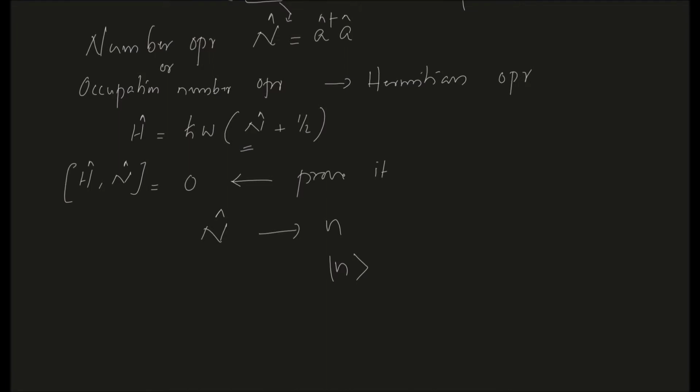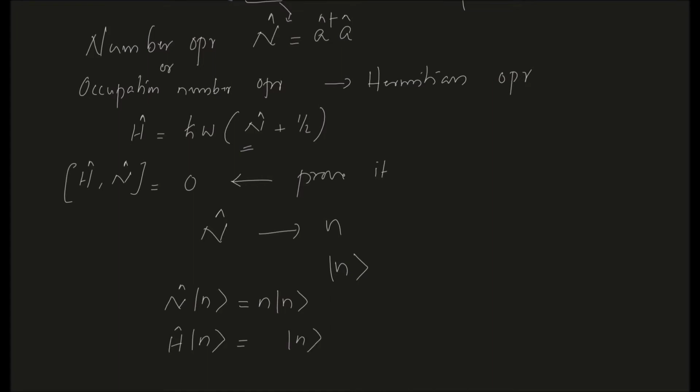So if you operate this number operator on this ket n, you will get some eigenvalue, that's what we have taken as small n times this ket. And when the Hamiltonian acts on the same kets, you should get some eigenvalue times the same ket.